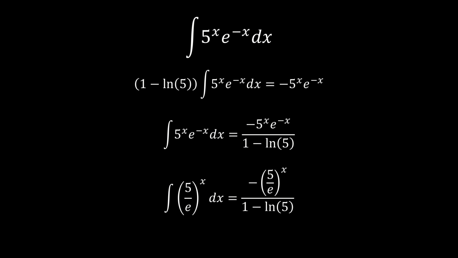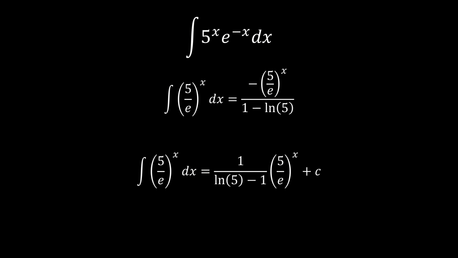Now, just playing around with properties, we can instead rearrange our initial integral as the integral of 5 over e all raised to x dx. That's just equal to negative 5 over e raised to the power of x divided by 1 minus the natural log of 5, which we can simplify one step further by just taking that negative sign in the numerator to rearrange the signs in the denominator, which gives us our final integral simplified as much as necessary.